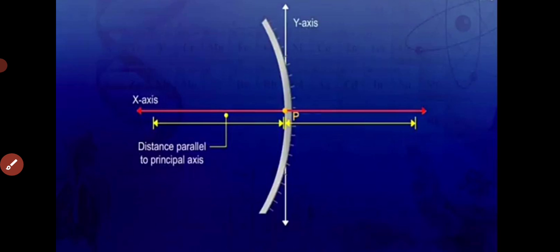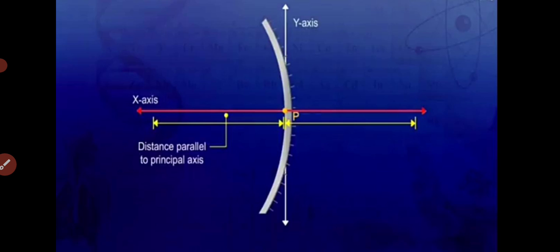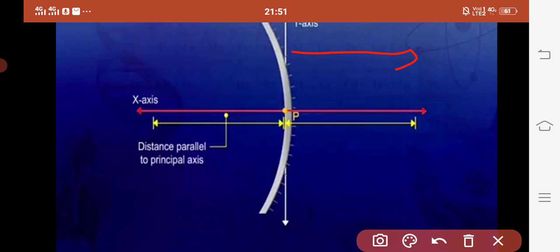Similarly, any distance parallel to the principal axis which we measure to the right side is always positive. Any distance which we measure to the left side is negative.